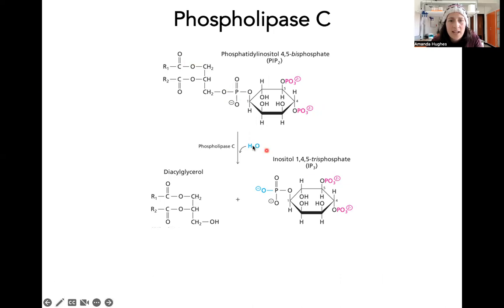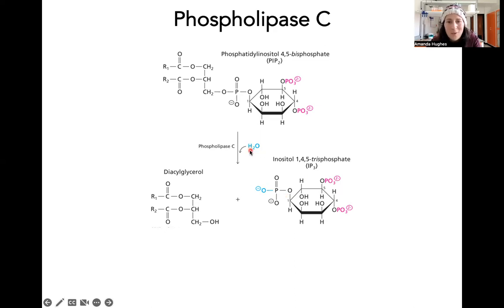And again, it's going to take a water molecule and cleave. Actually, water will attack this phosphate. Electrons jump up, jump down, and kick off this oxygen. So part of the water molecule, that oxygen, is now part of the phosphate of the IP3, the sugar with the 3 phosphates, 1, 2, and 3.